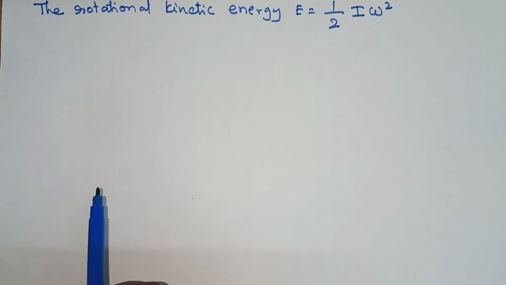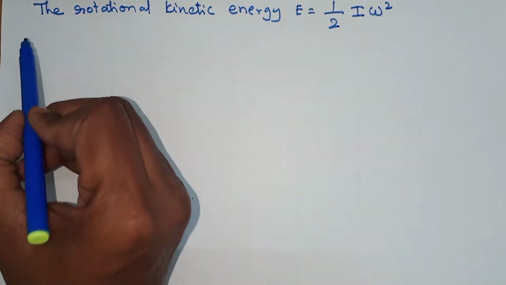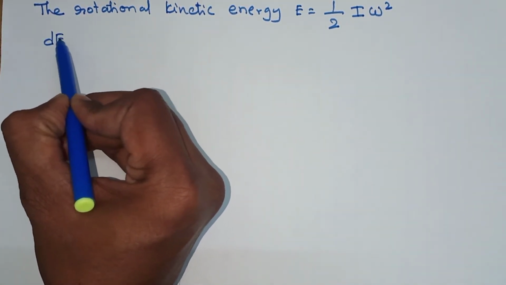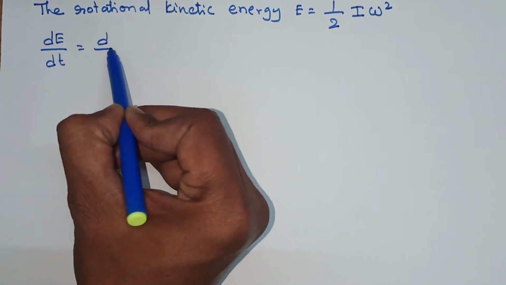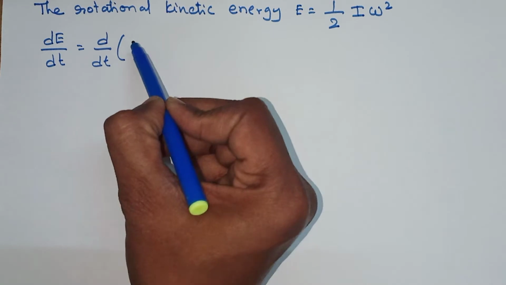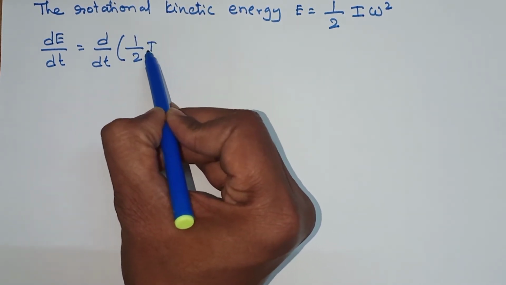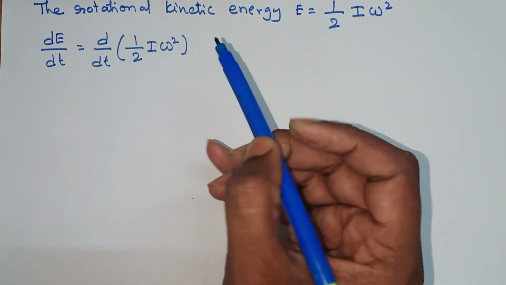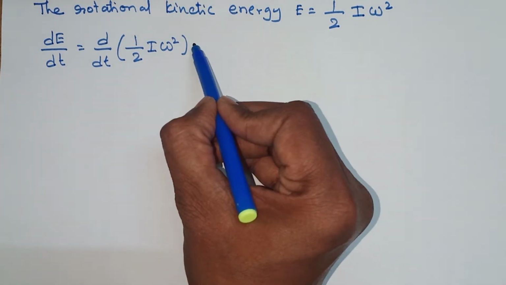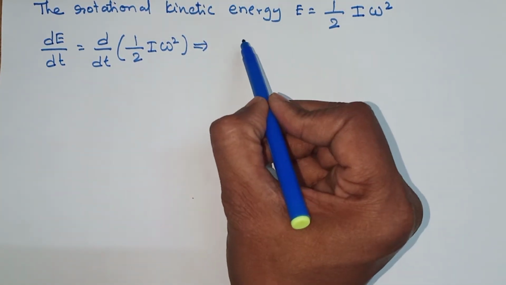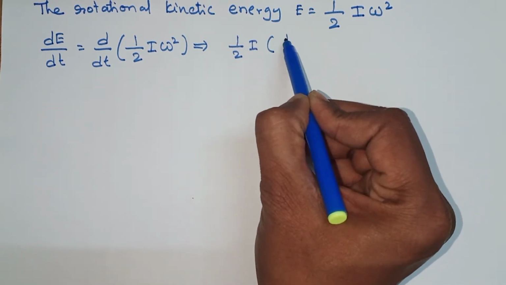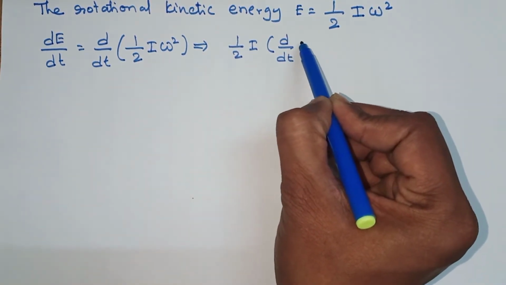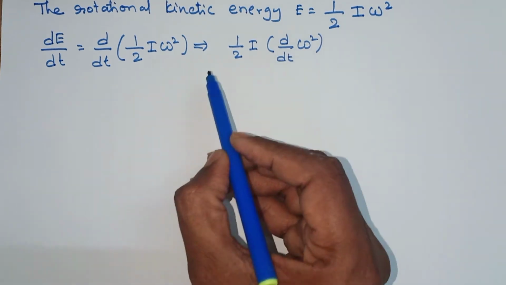Let's say dE by dt, the rate of energy, means d by dt of half I omega square. Half and I are constants. Now how to write this one? Half into I outside, d by dt of omega square.